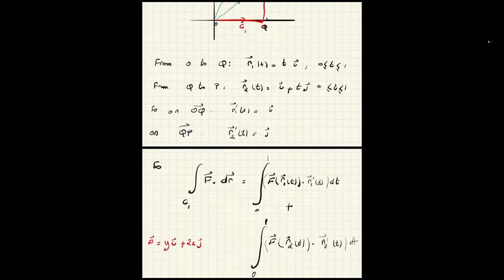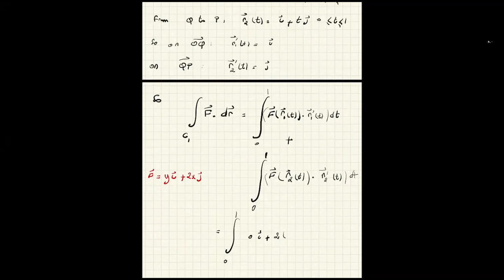I do the scalar product with R1 prime, which is I, dt.